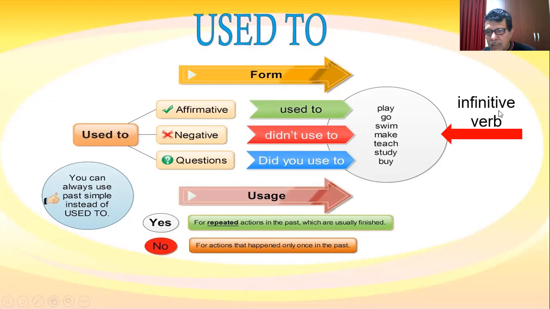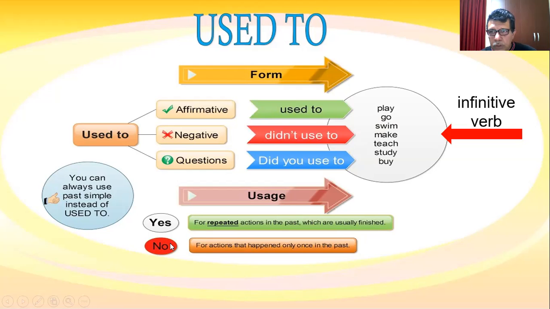Plus a verb in the infinitive form, okay? An infinitive verb: play, go, swim, make, teach, study, and buy. These verbs are in the infinitive, okay? And we're going to use the expression used to for repeated actions in the past, which are usually finished. I'm going to repeat. For repeated actions in the past, which are usually finished, okay?